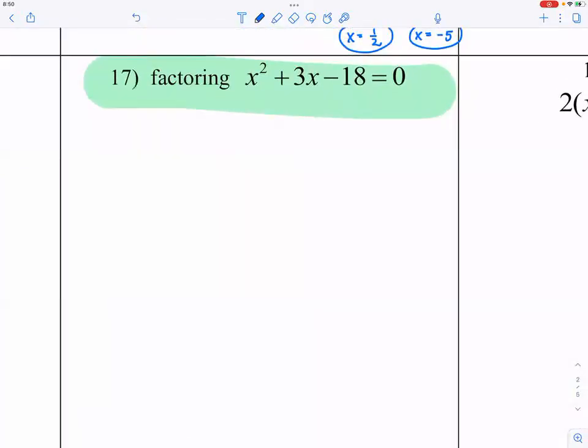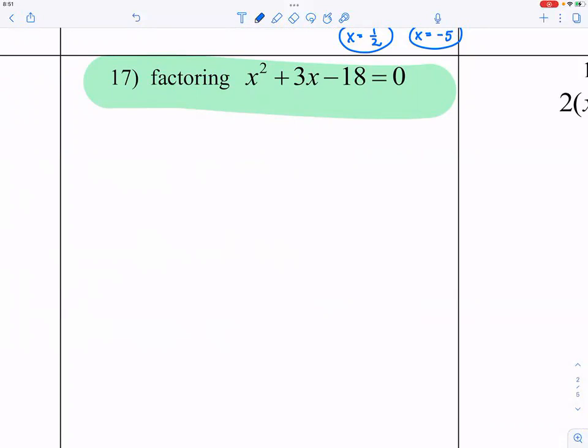All right, next one, number 17. Number 17, x squared plus 3x minus 18. What form is this? Standard form. I thought you were asking what we have to do now for factoring. So how do you factor this?